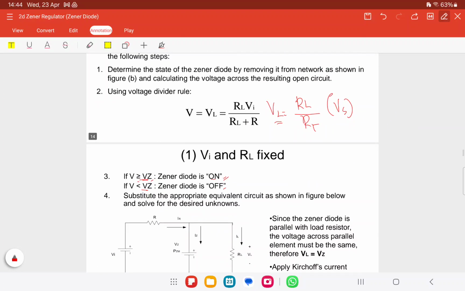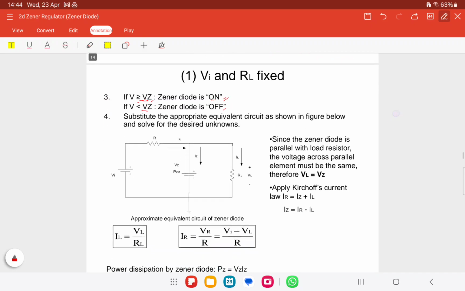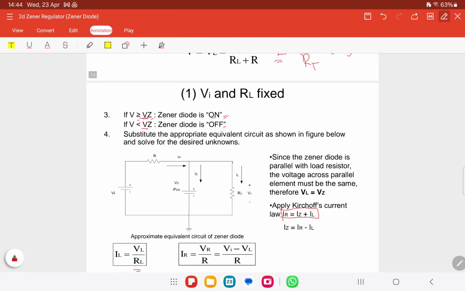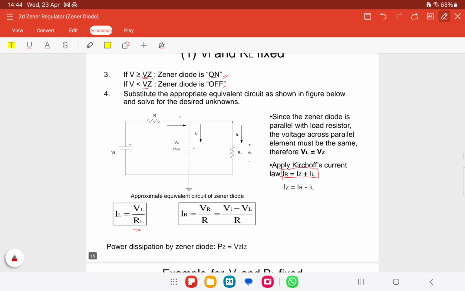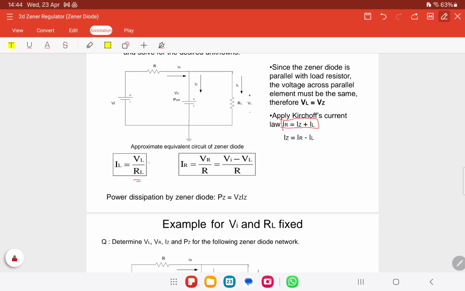So if it is on, we need to solve since the diode tu ada, by using this one yang biasa, IR equals to IZ plus IL. IL when it is on, we consider as the value VL.